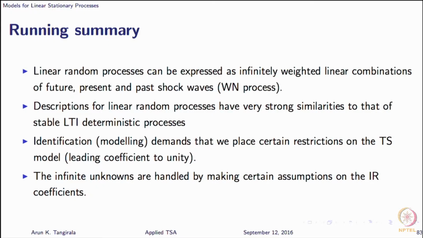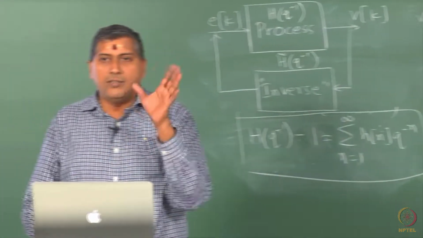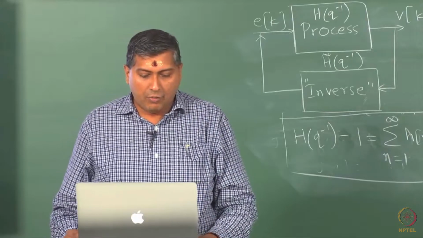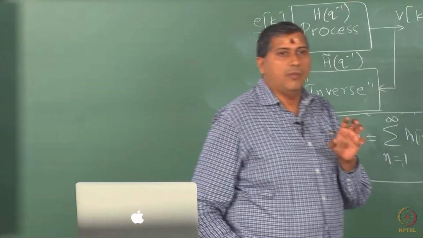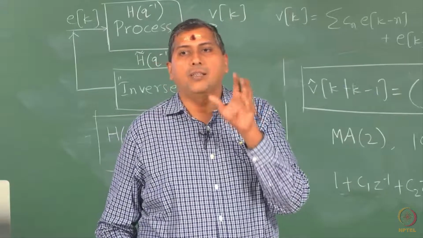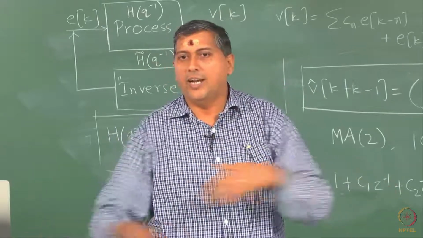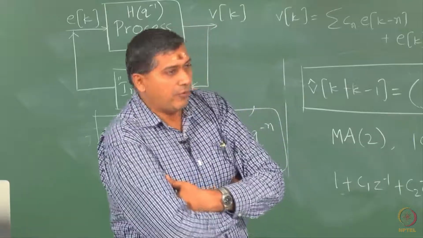And when it comes to identifying these models, we are forced to place some restrictions, and one of the restrictions that we placed is that H naught should be 1, right, which is not the case in the deterministic world. And the infinite unknown problem is overcome at least in one way by assuming that the impulse response coefficients actually die down after a finite number of lags, or finite number of instants.